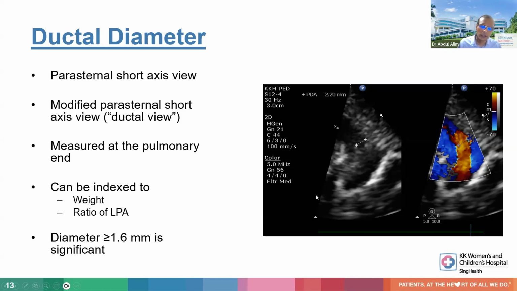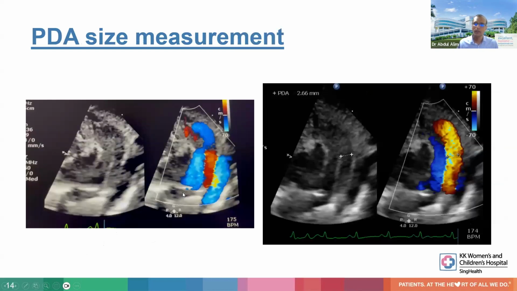But one more objective way of quantifying the ductal size is the ratio of the PDA size to the left pulmonary artery. I have some pictures in the next frame. For example, in this frame you can see the 3-finger view here. This is the 2-finger, one finger is hidden there. This is the left pulmonary artery.